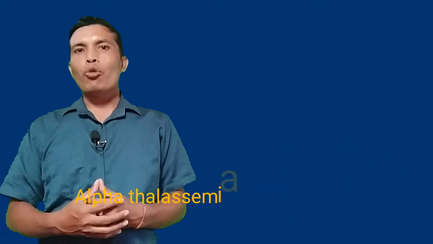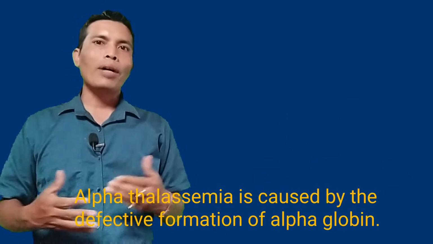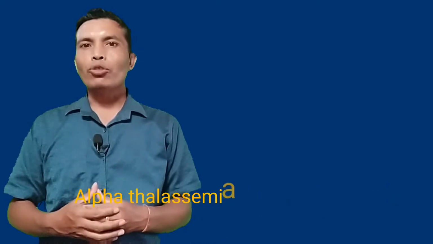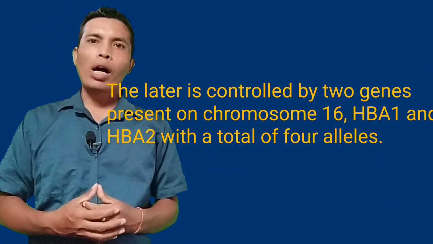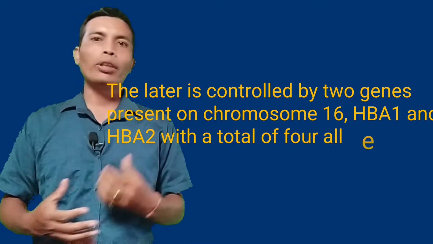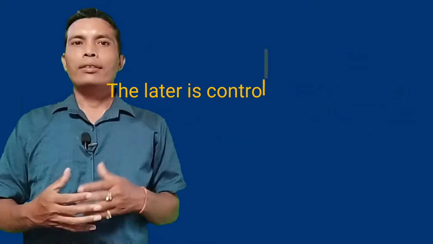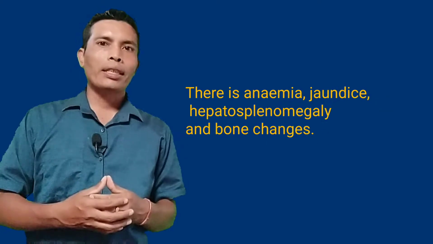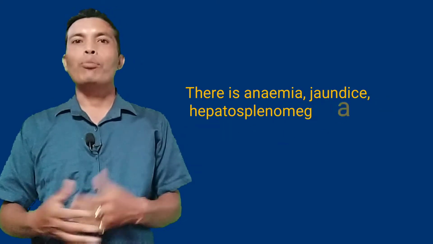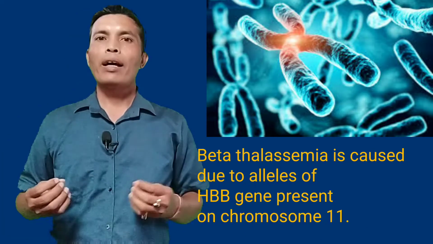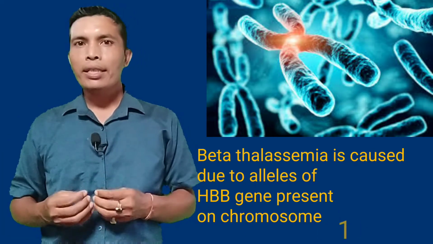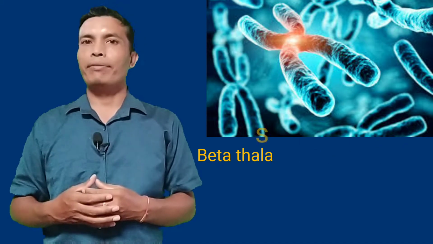Alpha thalassemia is caused by the defective formation of alpha globin. The latter is controlled by 2 genes present on chromosome 16, HBA1 and HBA2, with a total of 4 alleles. There is anemia, jaundice, hepatosplenomegaly and bone changes. Beta thalassemia is caused due to alleles of the HBB gene present on chromosome number 11.